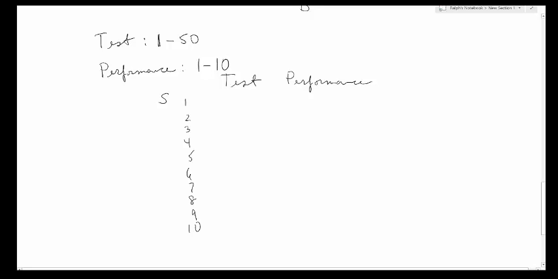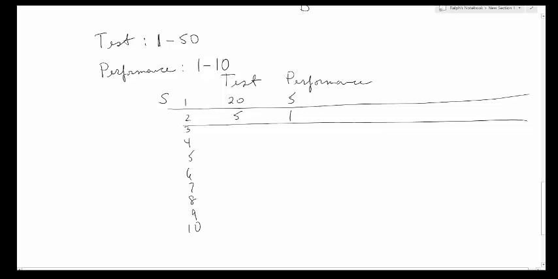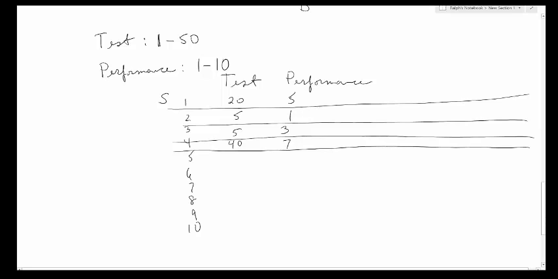So now let's go to this sample data that we collected. And we do have a 20 and a 5 and a 5 and a 1. And a 5 and a 2. And a 40 and a 7. And a 30 and an 8.